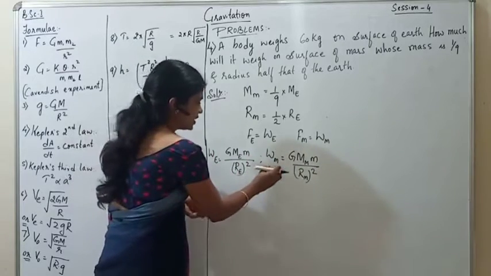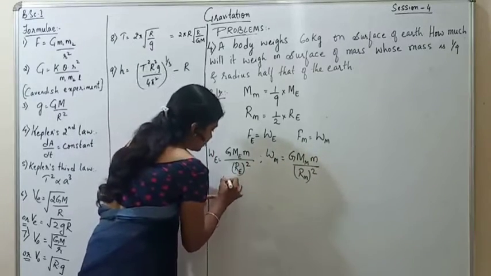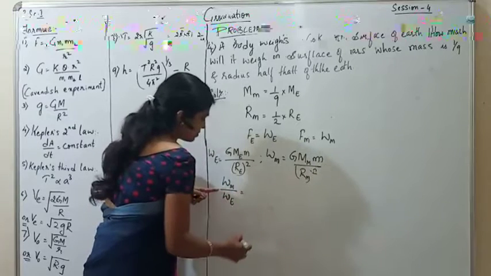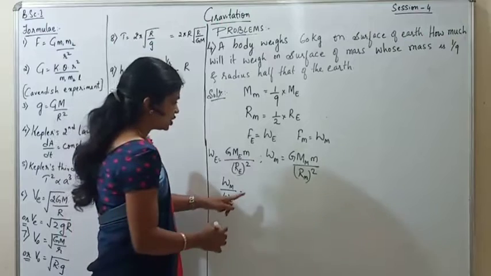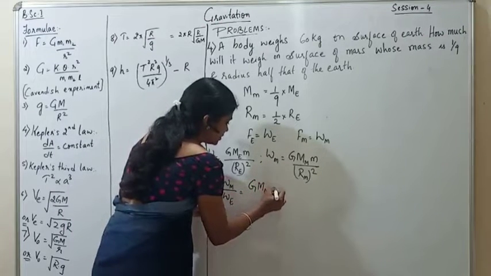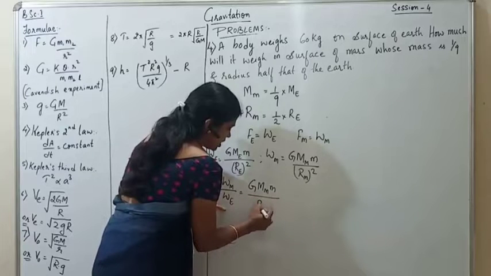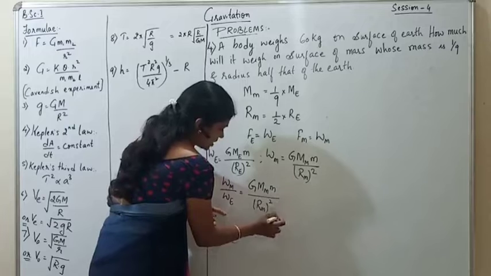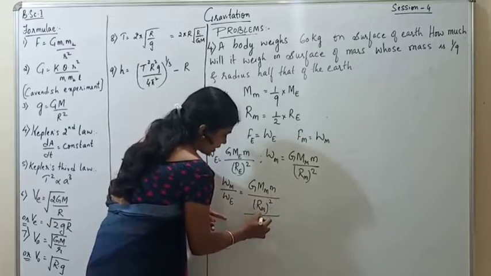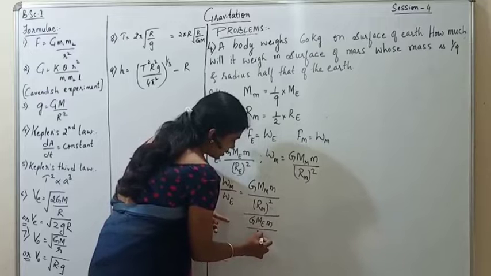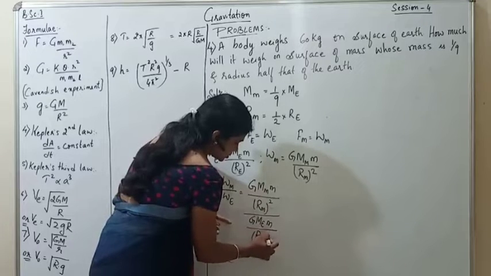Now if I divide Wm by We, that is weight on Mars divided by weight on earth, I will get G MM into m upon RM the whole square divided by G ME m upon RE the whole square.